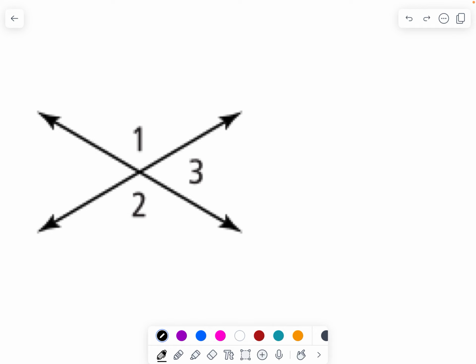Remember when we talked about assumptions, we talked about that we can assume straight lines, right? We can assume straight lines. So we do know that like that one and that one, 1 and 3 together equal 180. Okay, yeah, we can prove that. And we can prove that those together equal 180. You know, sometimes I even throw in numbers, like, if I said that this one was 100 degrees, how much would this one be?